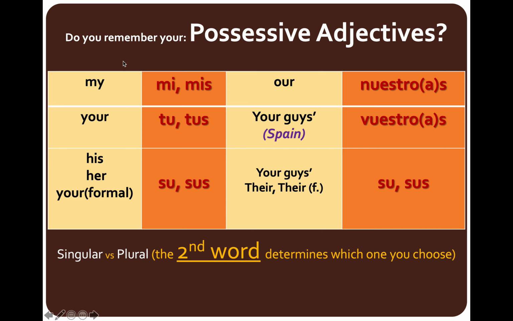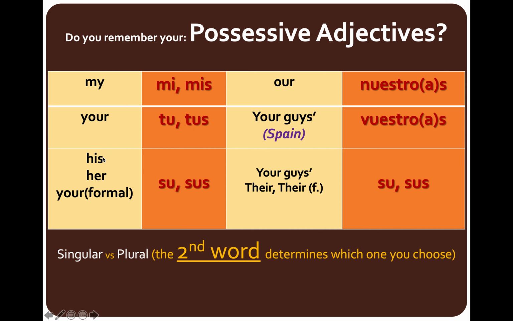Meaning, if I say like my parents, right? Parents is the second word, and parents is two people. So therefore, you have to choose mis, right? Mis padres, my parents. What if you said my sister? That's only one person, so therefore mi hermana, right? And on and on and on. So that's the way this one works.